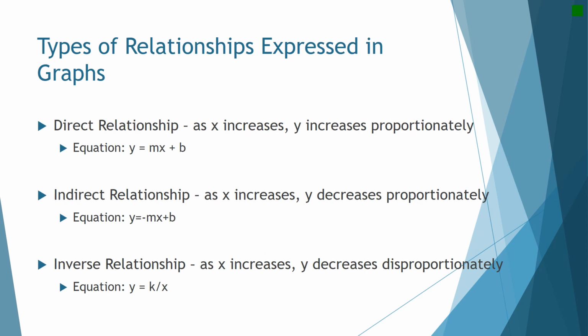All right, there are 3 types of relationships you will absolutely need to have memorized for this class. We have direct, indirect, and inverse. A direct relationship is that as X increases, Y increases proportionately. Basically, what you have is a positive slope line.